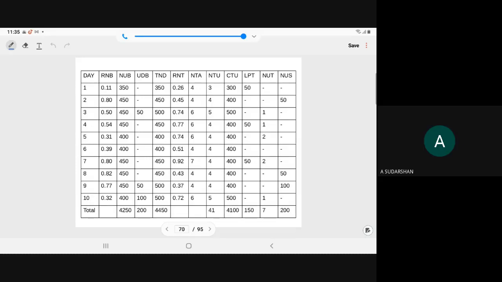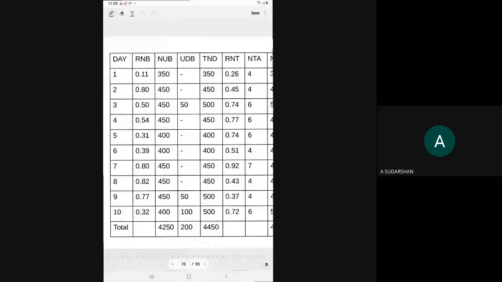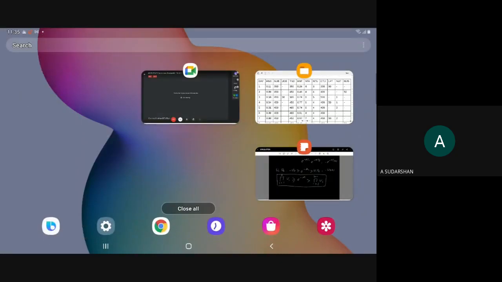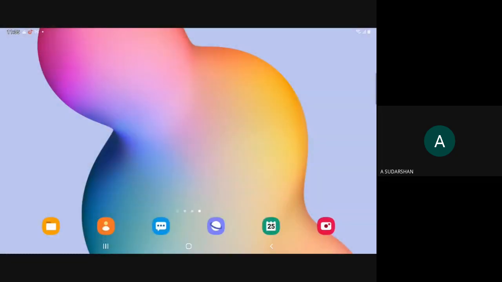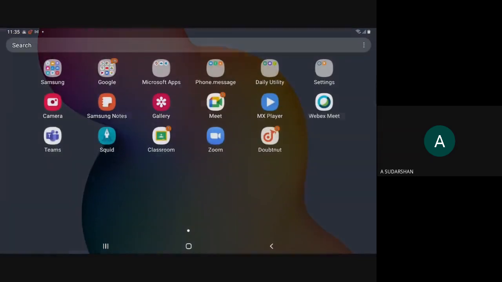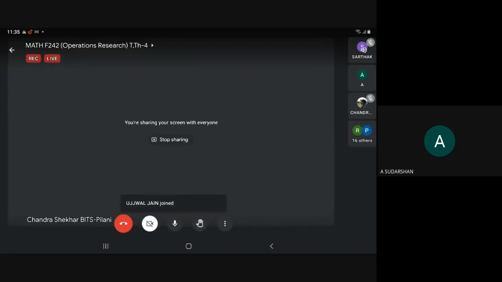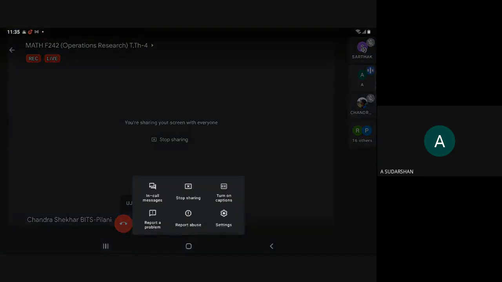So you are asking about EDD notes? Yes, sir. Can you show the table by sharing your screen? Sir, I don't know the page number. I'll check the page number and open it.